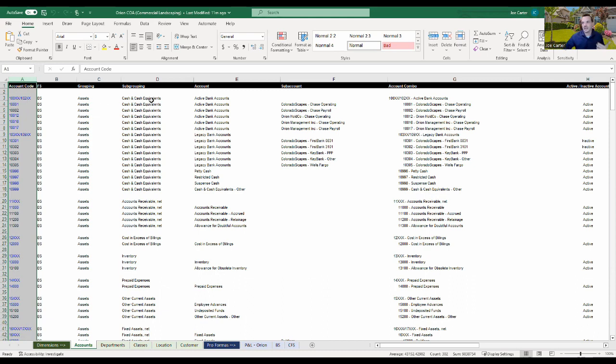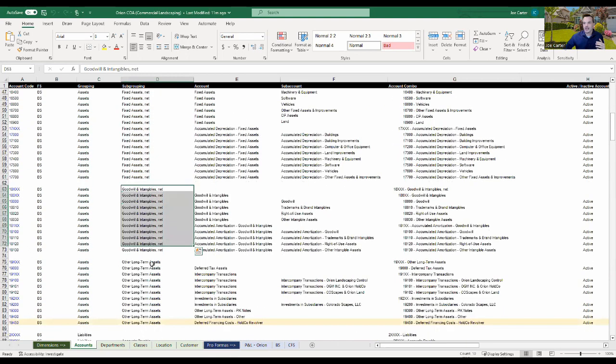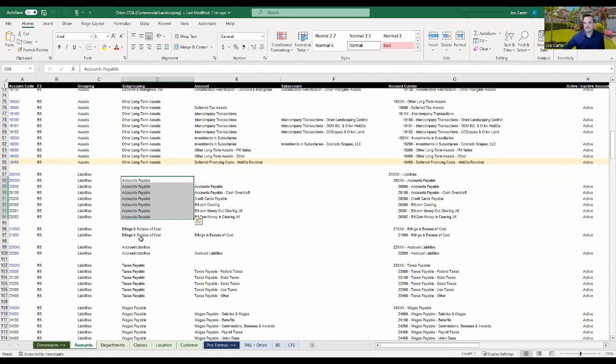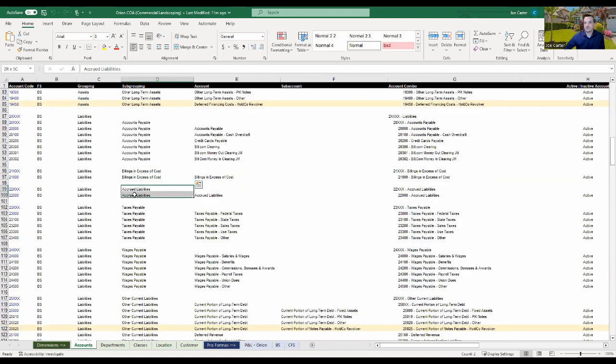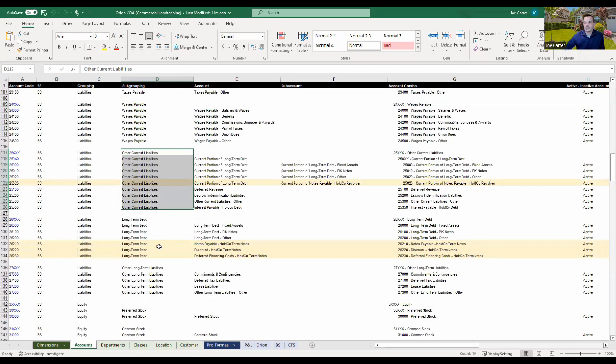These are assets and/or cash equivalents for active bank accounts. As you scroll down and continue on, you will see sections for accounts receivable, cost of excess billing, inventory, prepaid expenses, current assets, fixed assets, goodwill and intangibles, and long-term assets, followed immediately thereafter by all the different liabilities: accounts payable, and the same, billings in excess of costs, accrued liabilities, taxes payable, wages payable, and other current liabilities, along with long-term debt, other long-term debt.